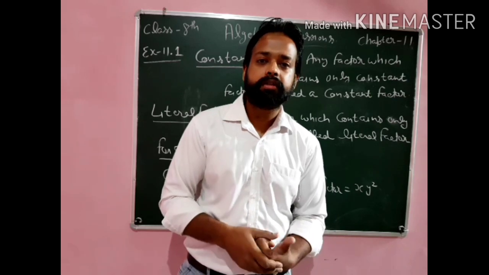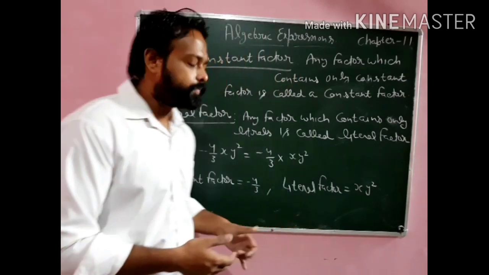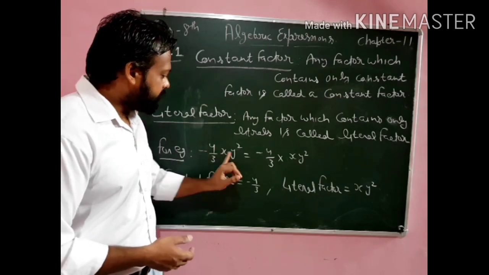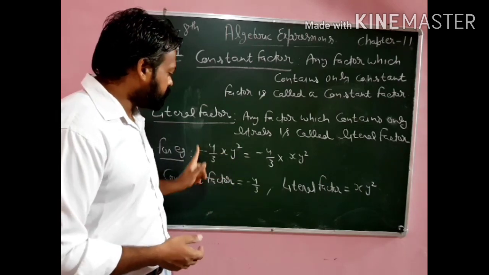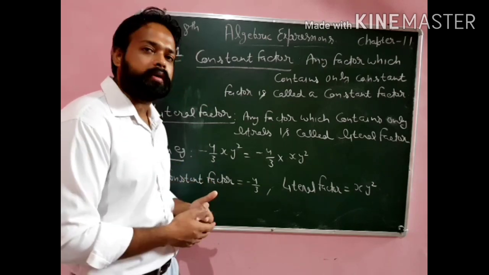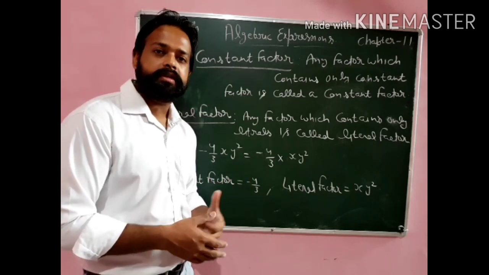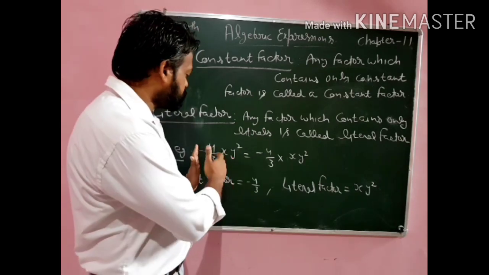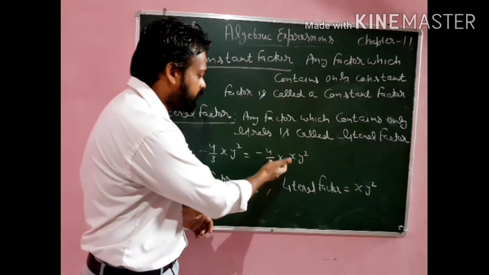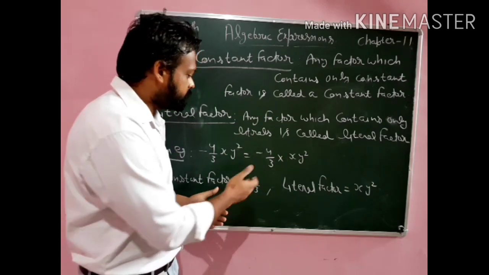Okay, I am going to explain this with the help of this example. You can see I have taken an example, minus 4 by 3 xy square. I have taken a polynomial. Now see, first of all we will make the factors of this polynomial. It is very simple. We just have to separate the constant term and the variable terms by putting a multiplication sign between them.